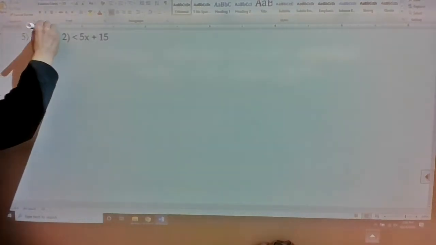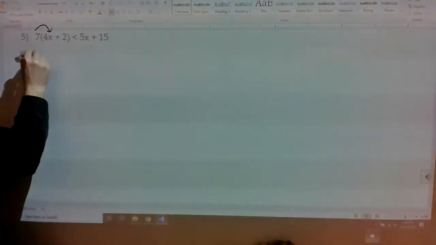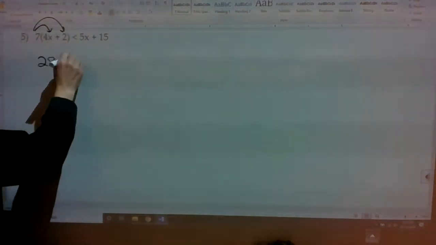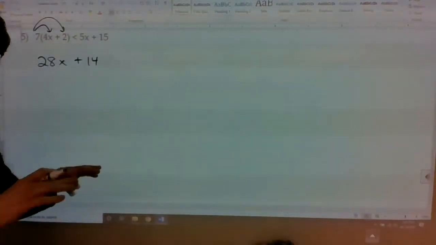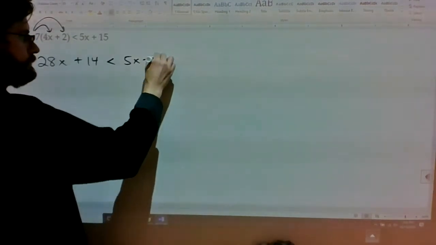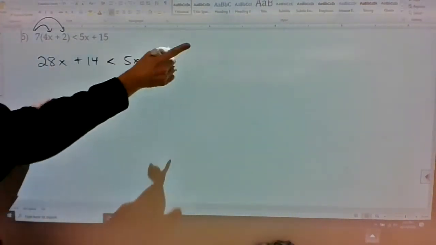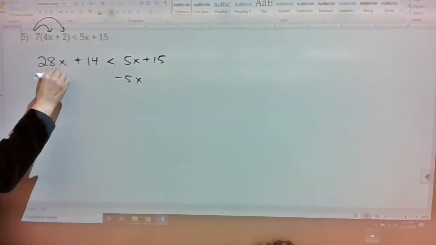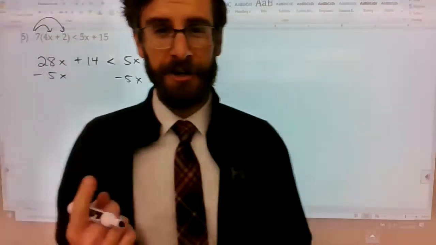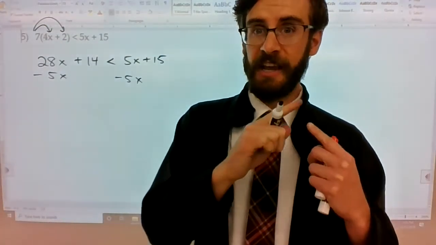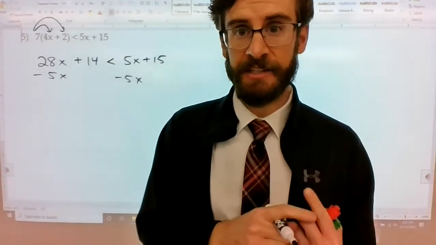You're taking 7 times 4x, and you're getting 28x. You're taking 7 times positive 2, and you're getting plus 14. Nothing changes from the solving equations chapter. Just like on the previous example, get the 5x to the left. And I think it's important now to think to yourself, I'm moving the x's to the left no matter what, because it's got to be on the left-hand side to draw the graph correctly.